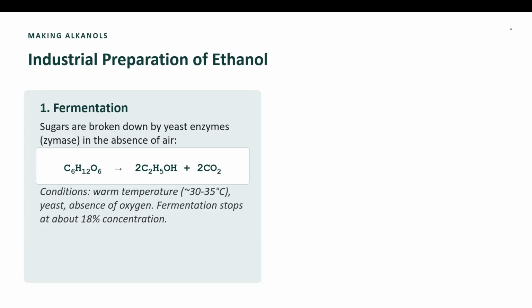Then you add a pinch of active yeast, not expired yeast. You put it inside, then you cover it, then shake, then allow to stay in a warm place.